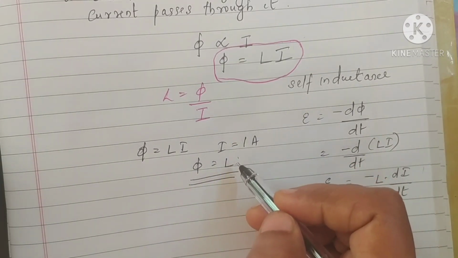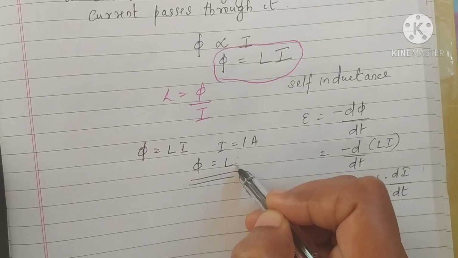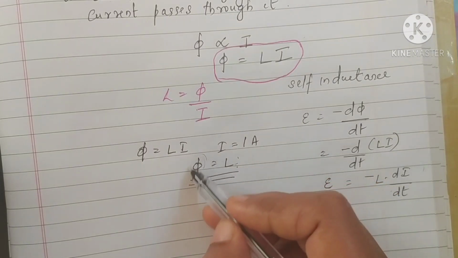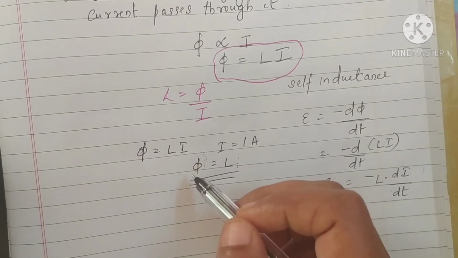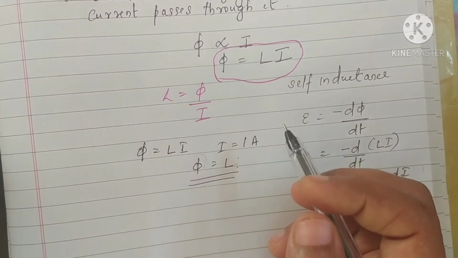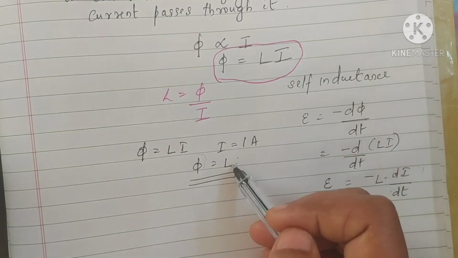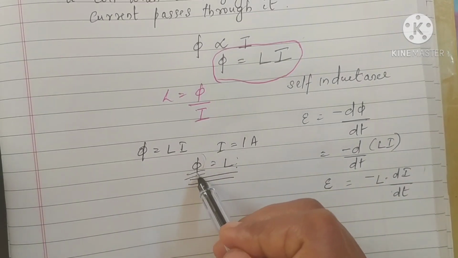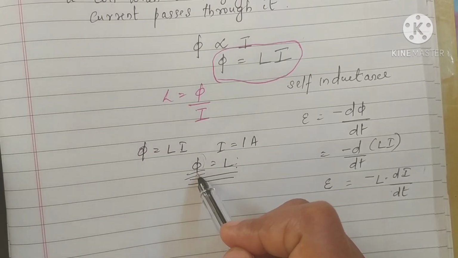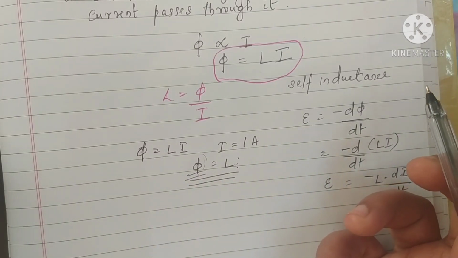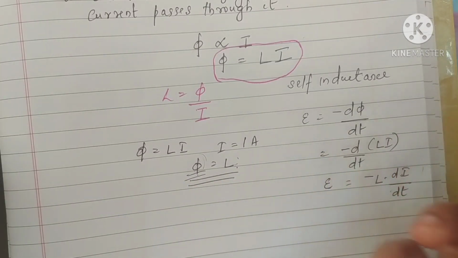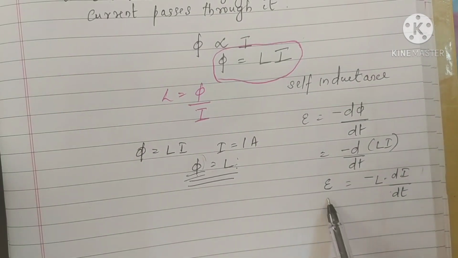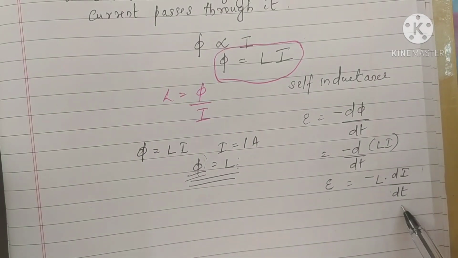You can say self-inductance is numerically equal to the magnetic flux linked with the coil when a unit current flows through it. Clear?